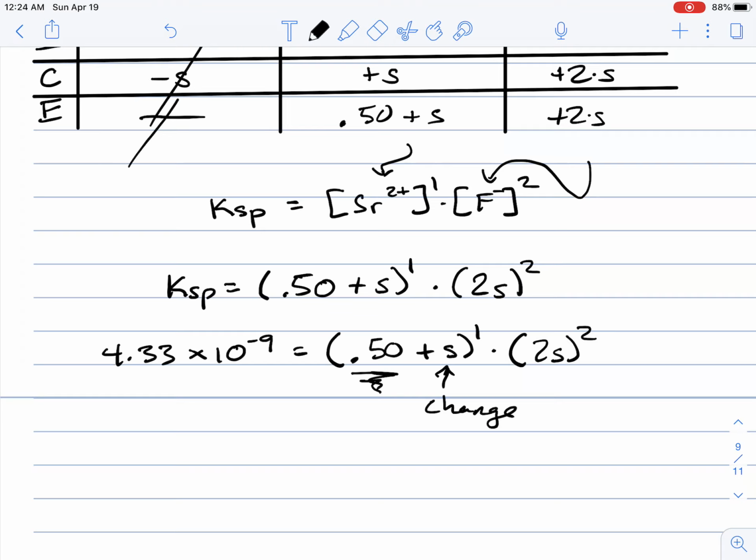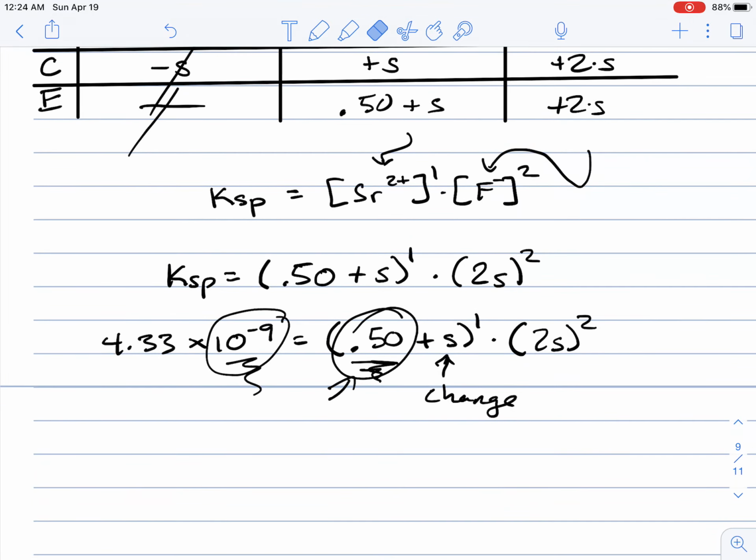And so if you look at the magnitude once again of the Ksp, it's times 10 to the negative 9. And so since you're comparing the change, which has a low value to begin with, to that of a much larger value, then it's not going to change this value significantly. And I'm not specifically saying that the change is times 10 to the negative 9.